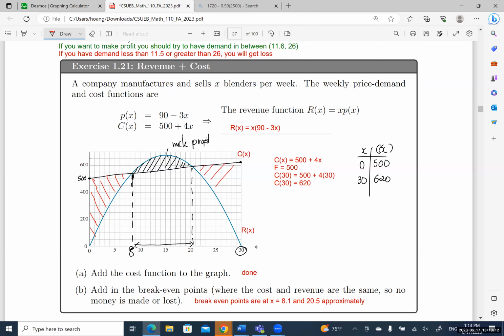So these two areas here are where you will have loss, right? Loss. Yeah. So here's profit, make profit, and that is the break-even point, up to this point, the break-even point.